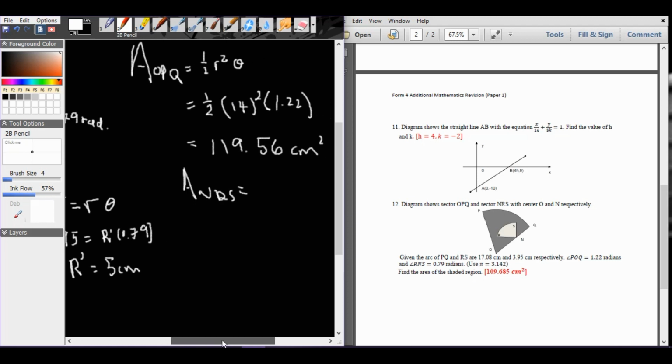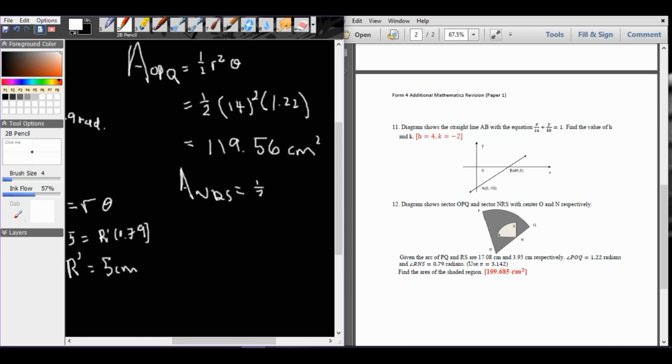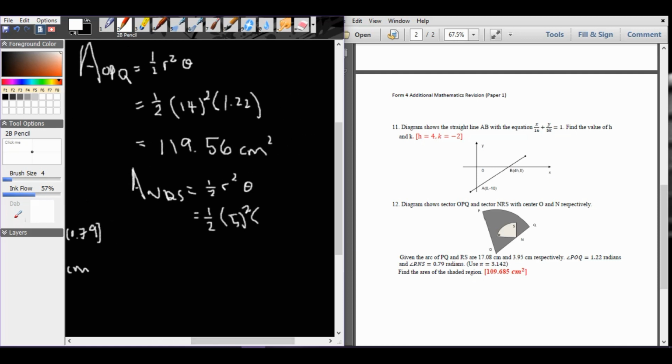Then the area of this small sector, ROS, area of ROS. Okay, the formula is still the same, 1/2 r squared theta equals 1/2, r is 5 squared, theta is 0.79. Okay, using calculator, then you will get 9.875.